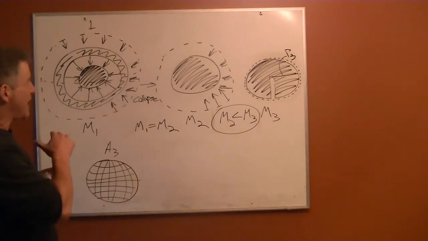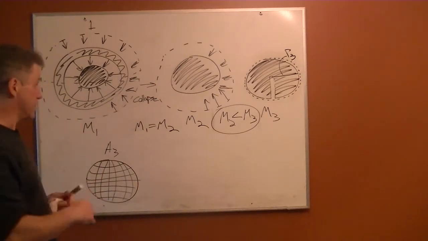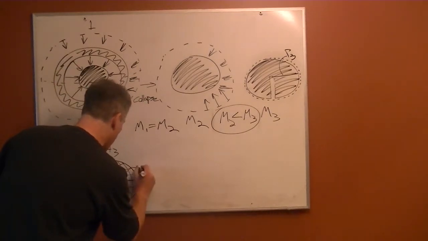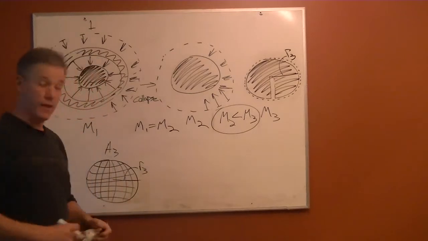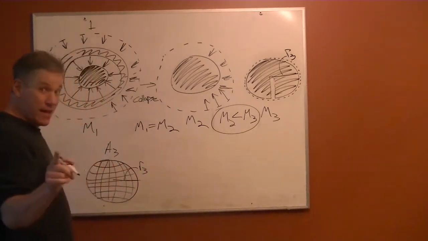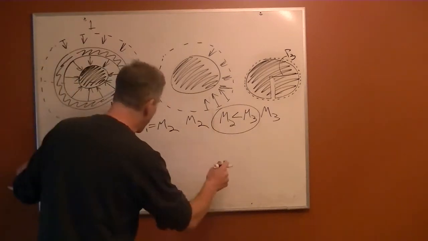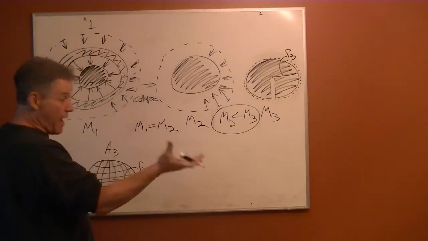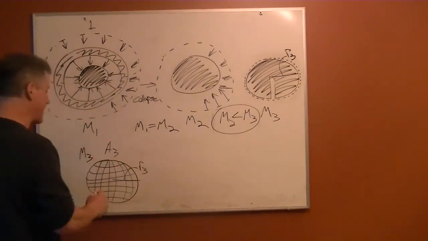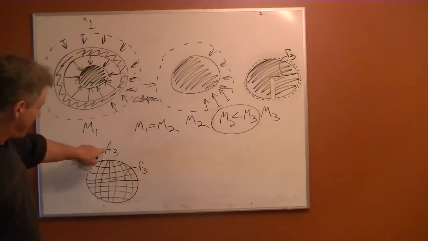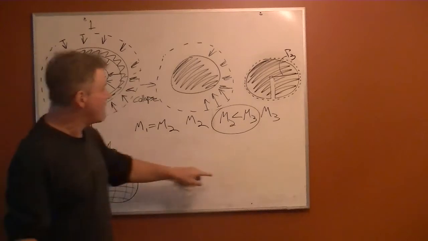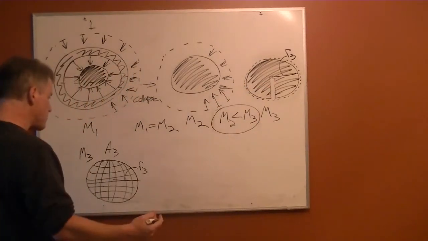Let's say that A3 would be the right surface area to go with R3, the big radius. Okay? Let's say that we had a different mass. Let's say this is a mass that we would expect to be M3. M3 would fit in something having a surface area of that, having a volume of that. Great. All right?